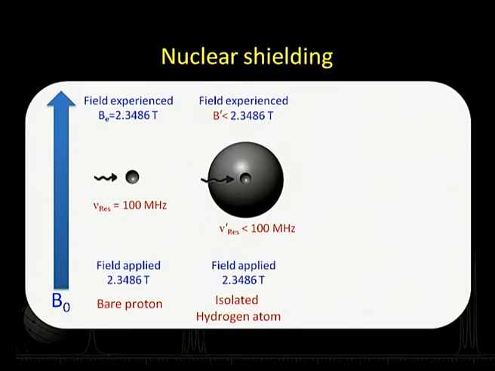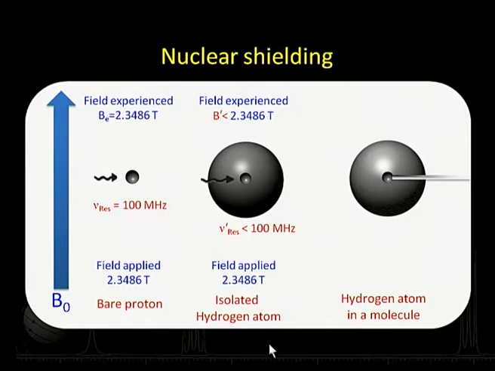This is about an isolated hydrogen atom. Let us move further and talk about a hydrogen atom in a molecule. Say this is a hydrogen atom attached to an oxygen atom, or to, say, a lithium atom, or whatever. If it is in a molecule like this, I apply the same amount of field.